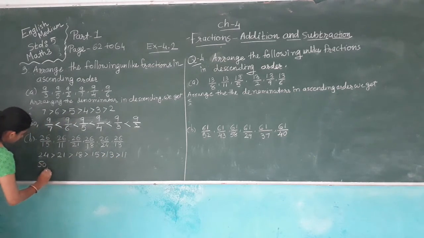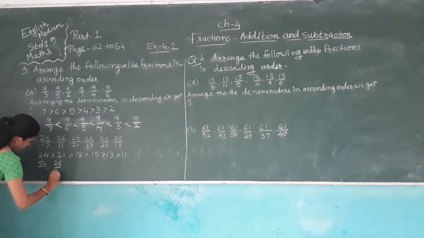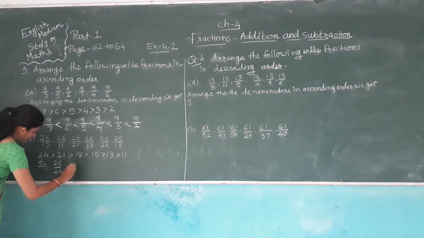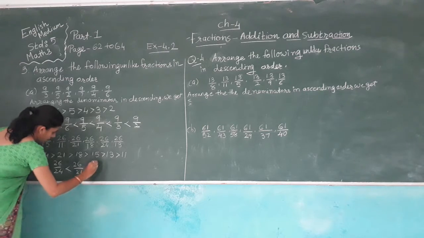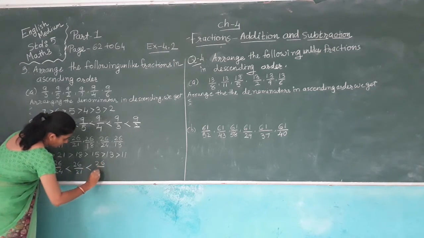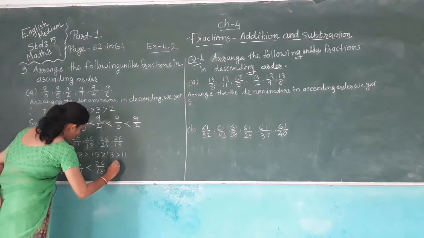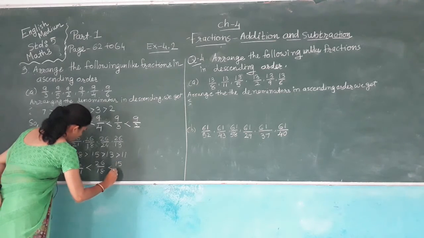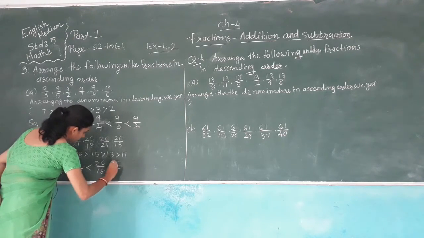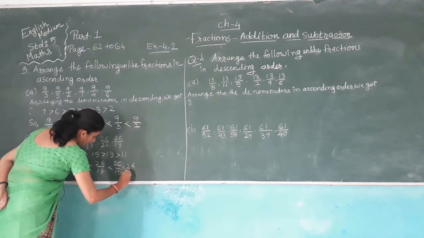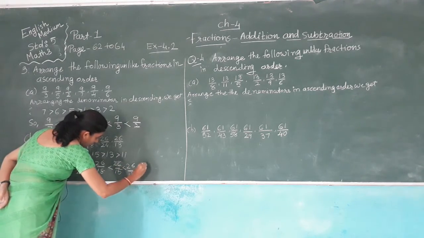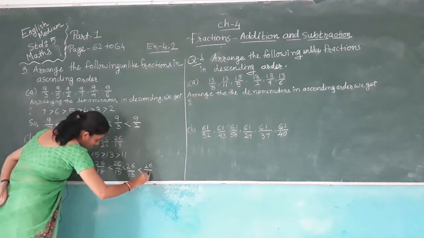So 26 out of 24, then 26 out of 21, then 26 out of 18, then 26 out of 15, then 26 out of 13, then 26 out of 11.